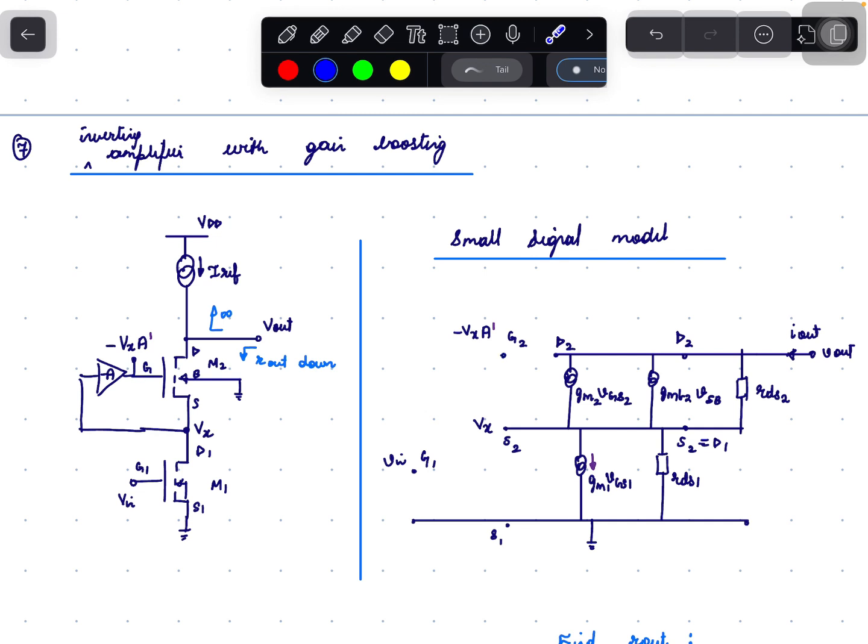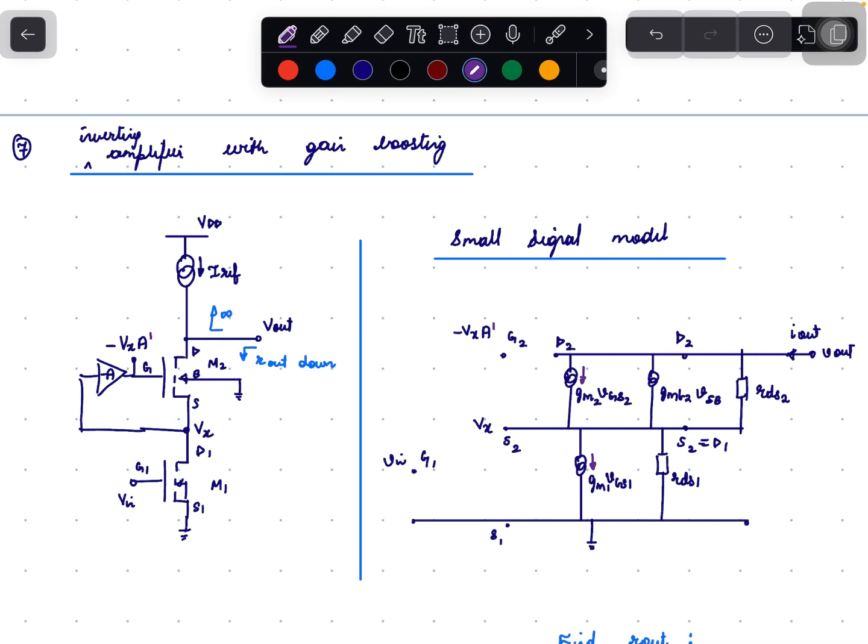G2 is given as minus Vx times A dash because of the amplifier minus A dash. The source of G2 is nothing but Vx, which is shown here. Then we have drain D2, which is here. We have a current flowing, that is GM2 times VGS2. The current will be flowing in this direction.